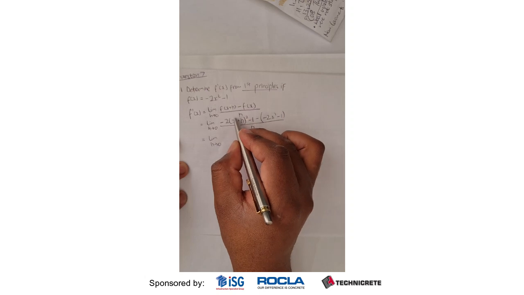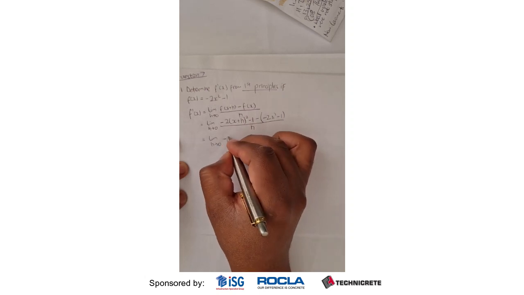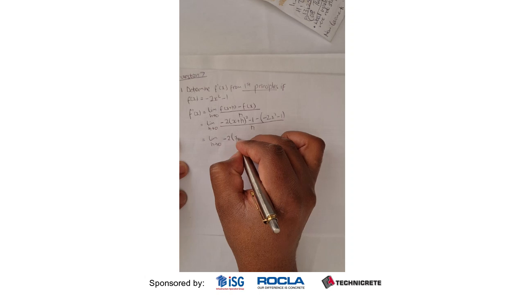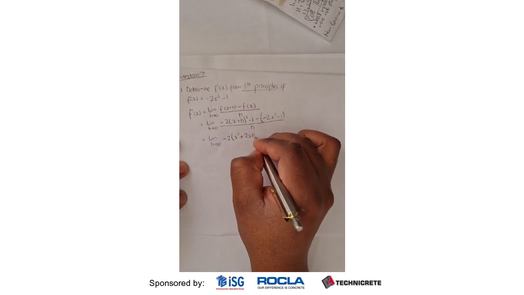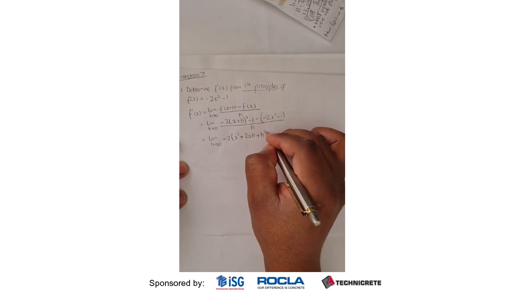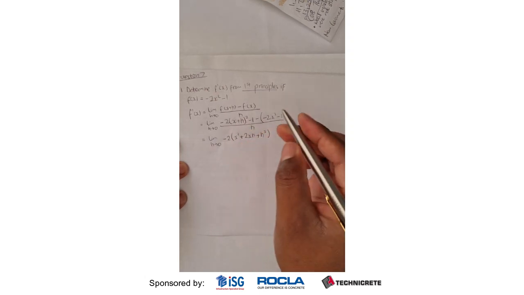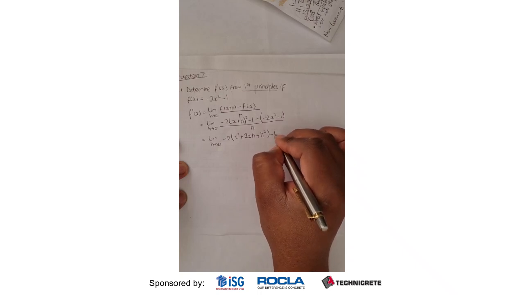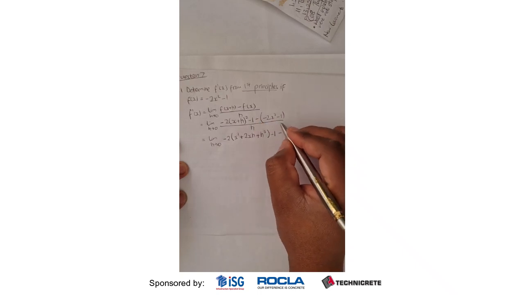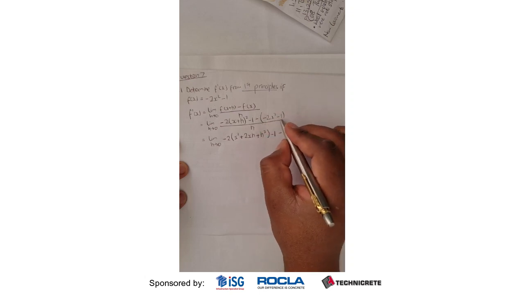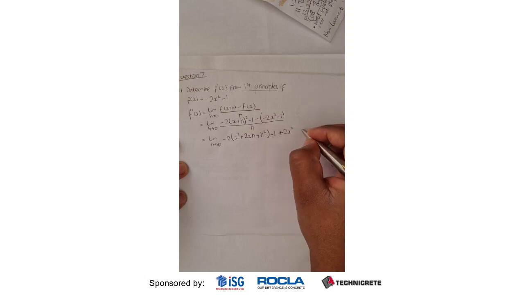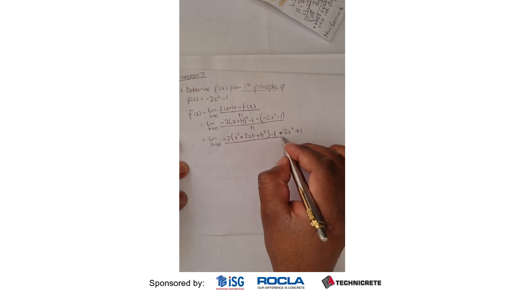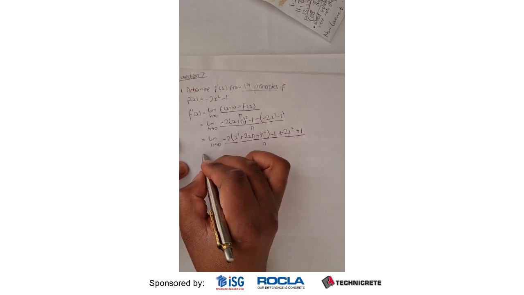Now let's solve for this. This becomes 2 into x squared plus 2xh plus h squared. When we multiply this out, that's the minus 1 that's there, and then let's multiply out this part of our equation. It becomes positive 2x squared plus the 1, all divided by h.